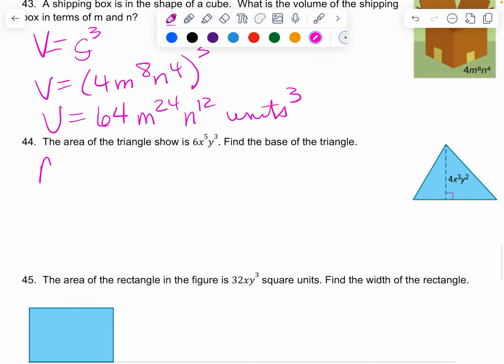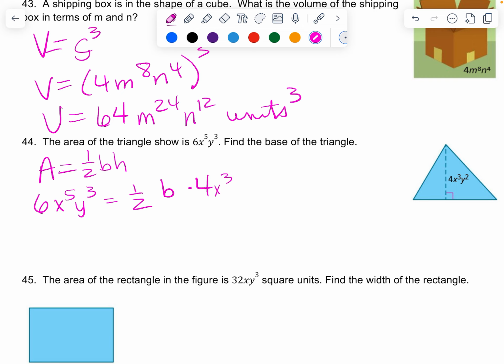The area of a triangle is 1/2 base times height. Okay, it tells us that the area is 6x to the 5th, y to the 3rd, equals 1/2. We're finding the base times 4x to the 3rd y squared.